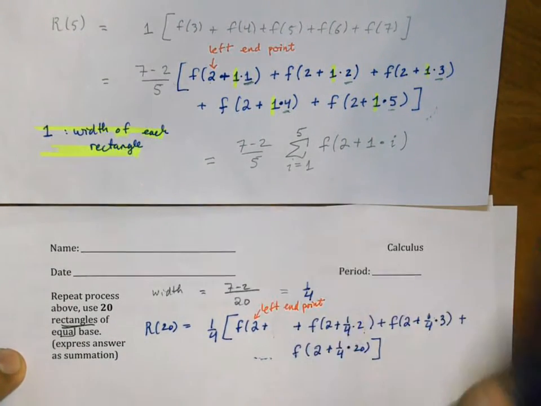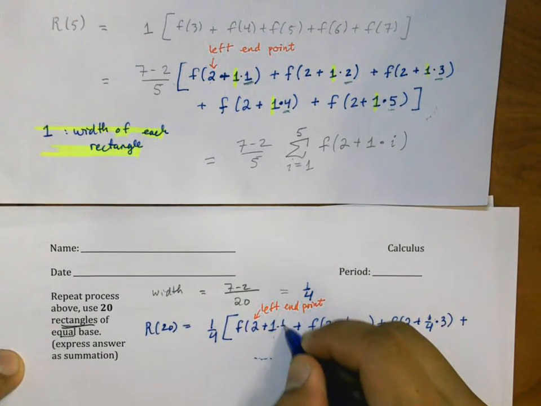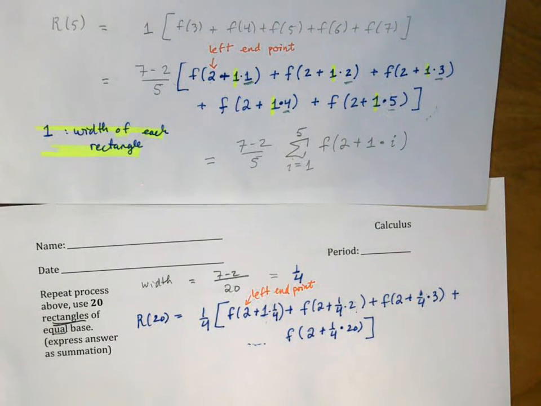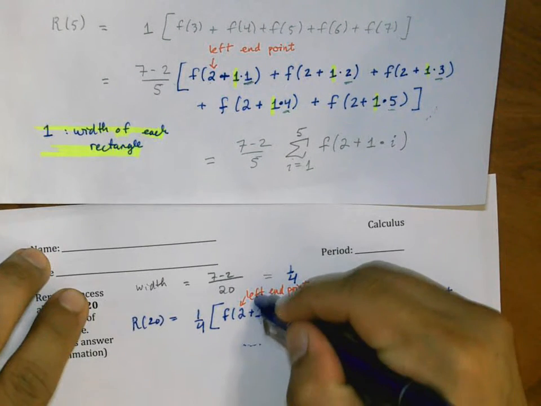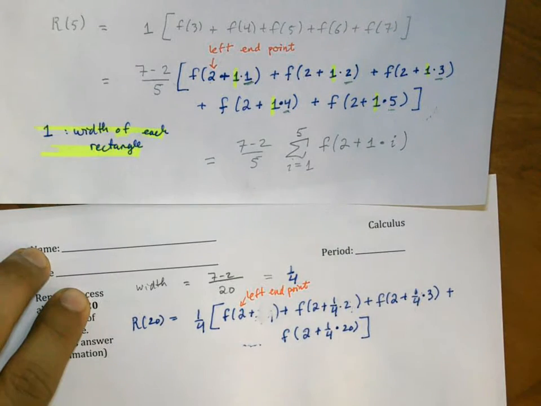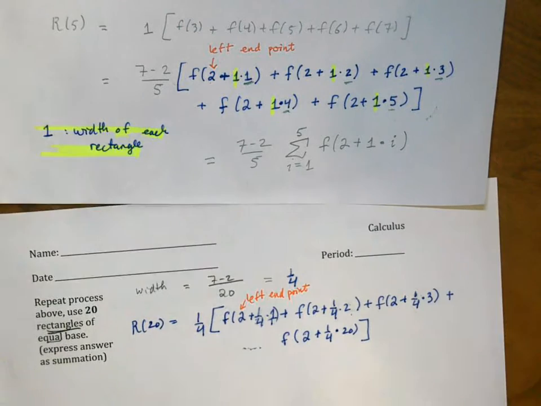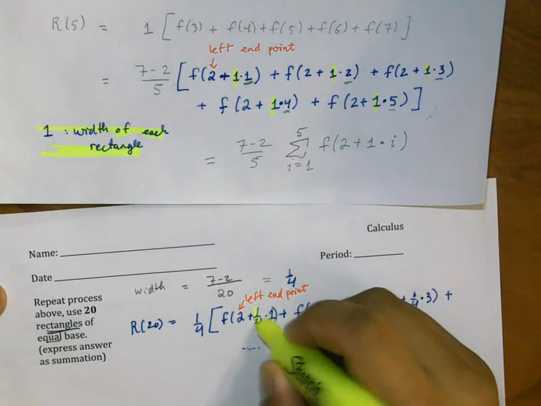This is 2 plus 1 times 1/4. Okay. And it's kind of the same as what we had going on before. Oh, this should be 1/4 times 1. This is 1/4 times 1. Okay. So all of these 1/4 are the same.